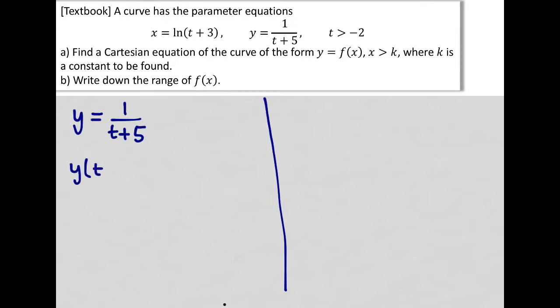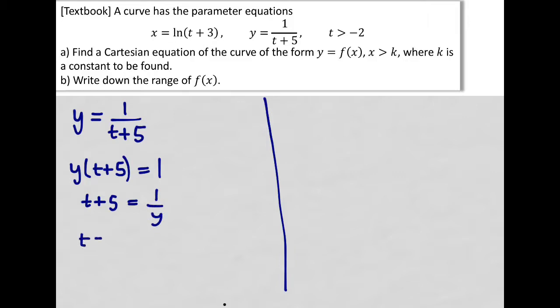So we're going to eliminate t from this, and I'm going to start by saying, well, I've got y equals 1 over t add 5. So I can rearrange that and write this. Okay, and then I can say that t add 5 equals 1 over y.